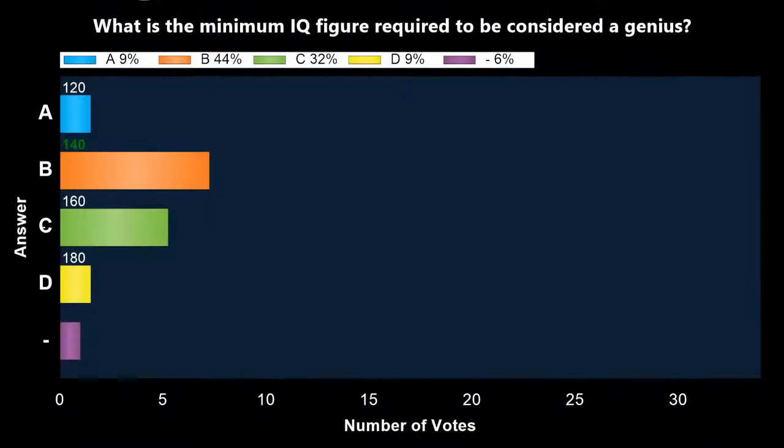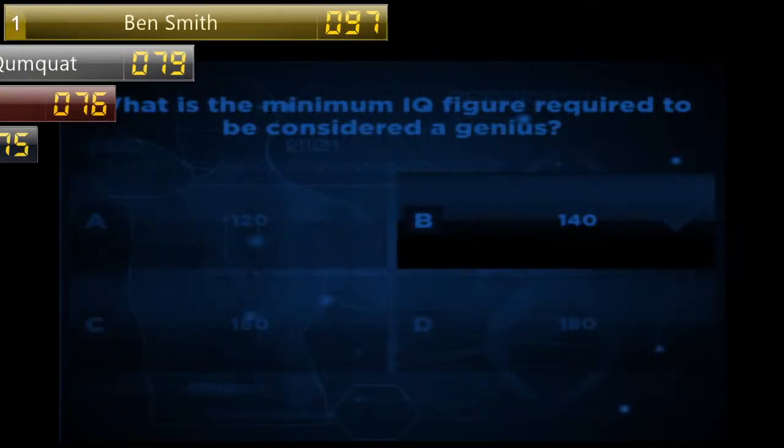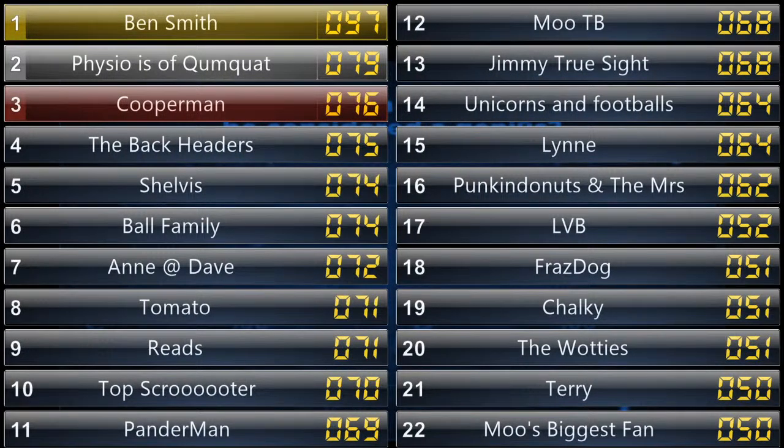How many got that right? 29 getting that right. So the most popular answer. What's that done at the top? Ben Smith is still there on 97 now. Head of Physio. I'm going to say Physio and then Cooperman.